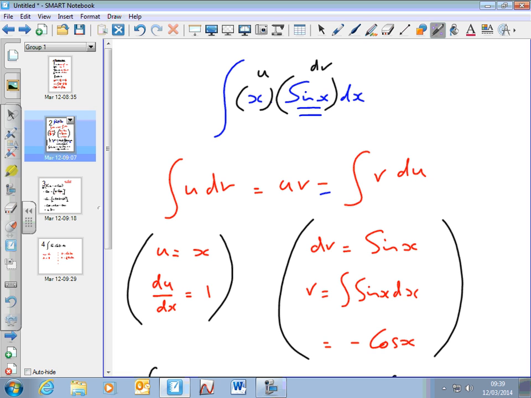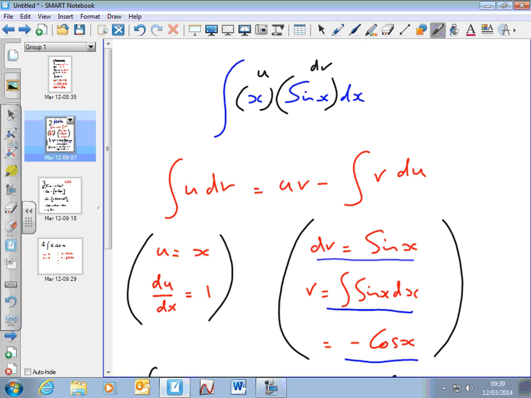Minus the integral of v, which we've already integrated so we know that now, du. Well, du is the differential of whatever we've called u, so du is the differential of x. So the method is, the bit we call u, x in this case, we differentiate to get 1, and the bit we call dv, in this case sine x, we integrate to get minus cos x.